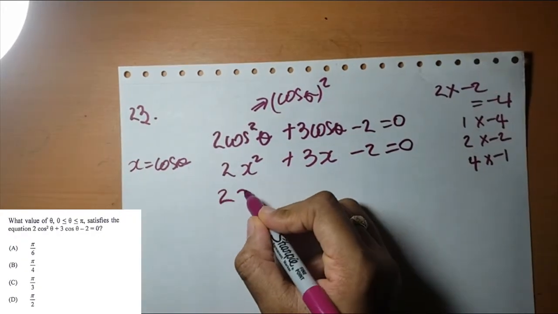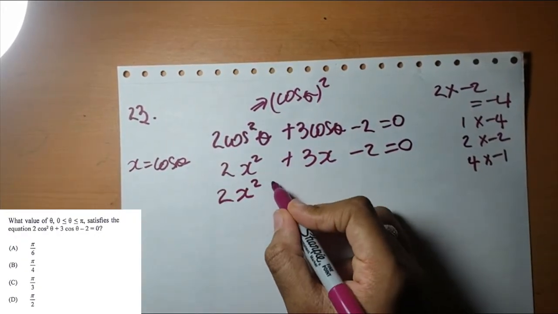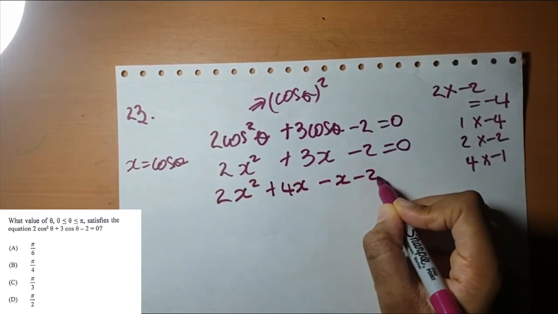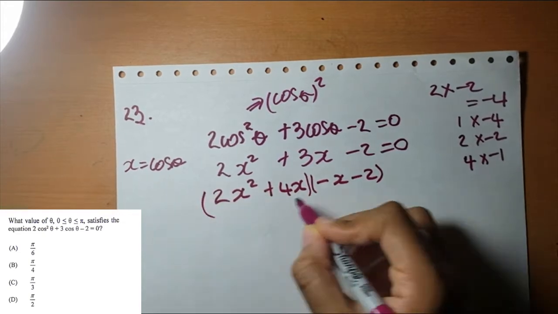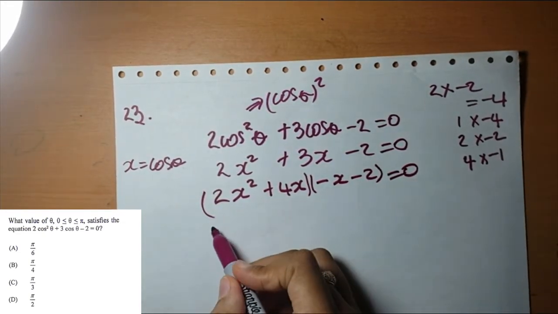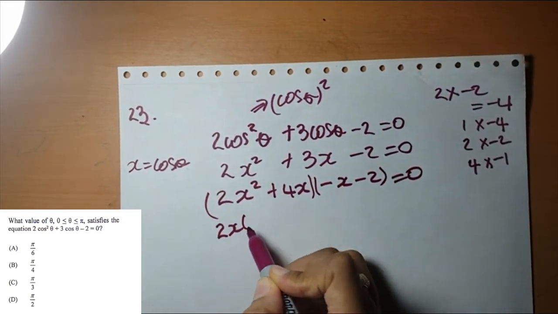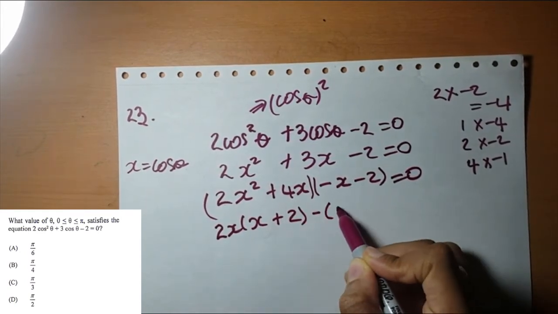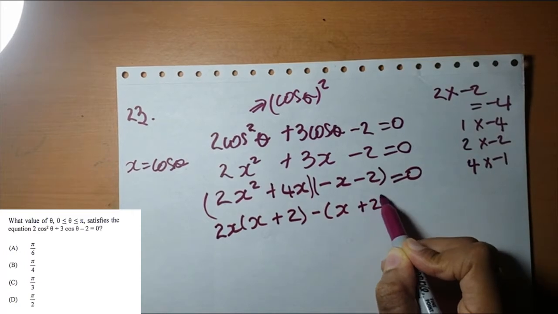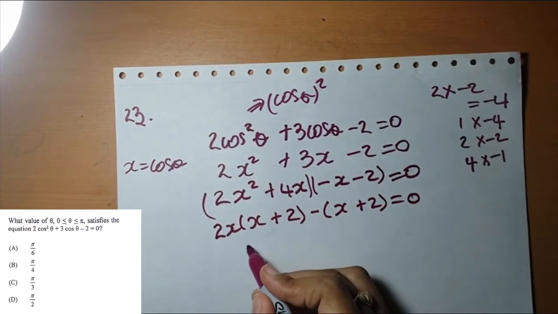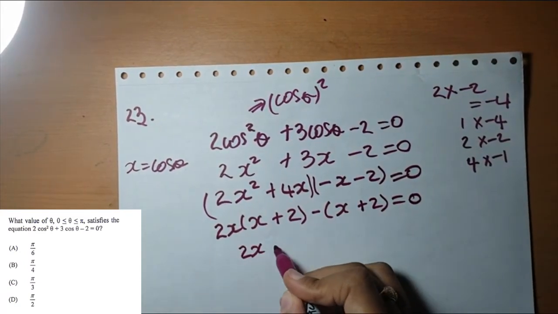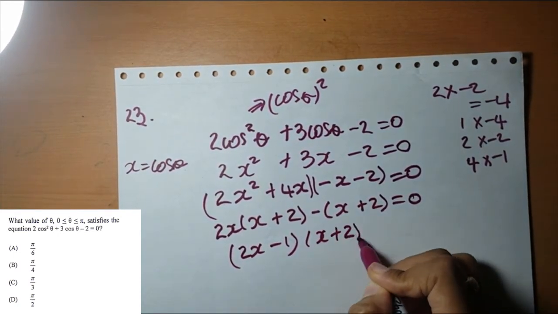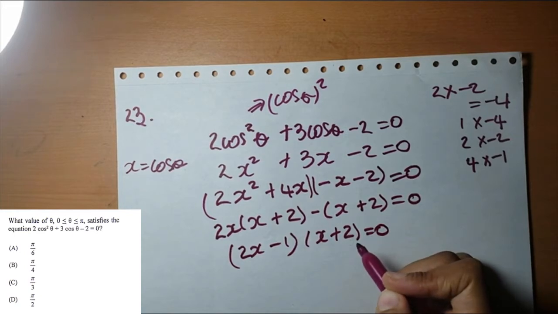We'll have 2x squared plus 4x minus x minus 2 equal to 0. So now we'll have 2x open bracket x plus 2, minus 1 open bracket x plus 2. Now we'll have 2x minus 1 times x plus 2 equal to 0.